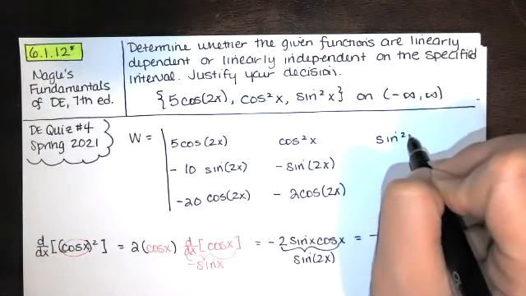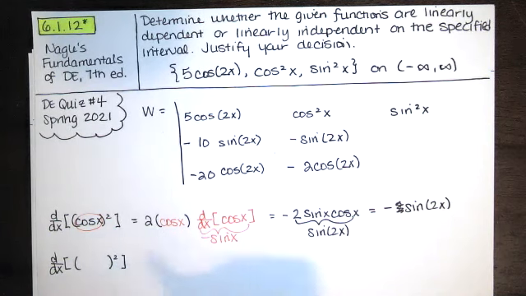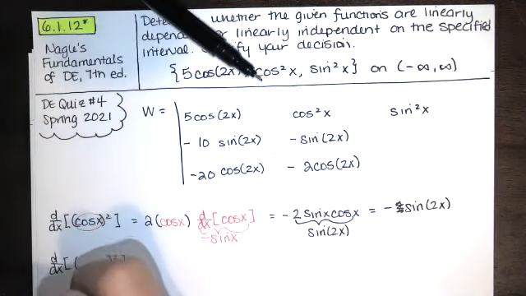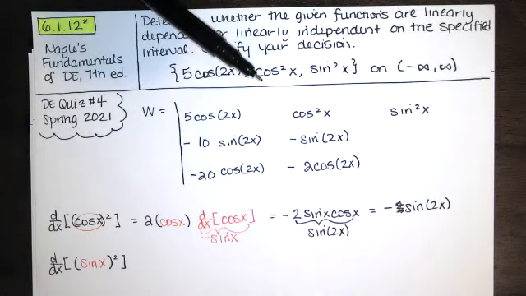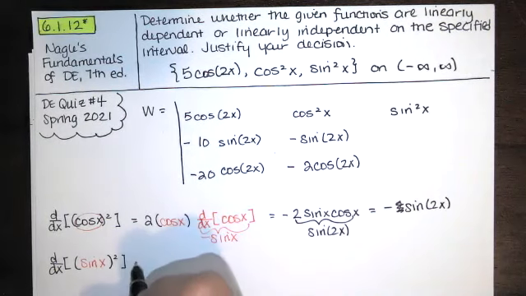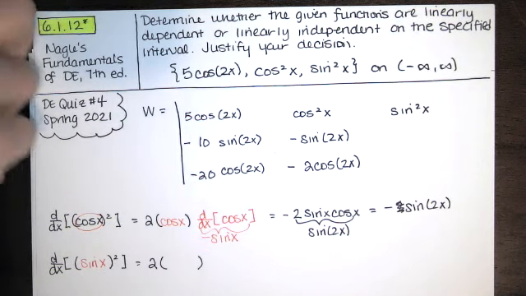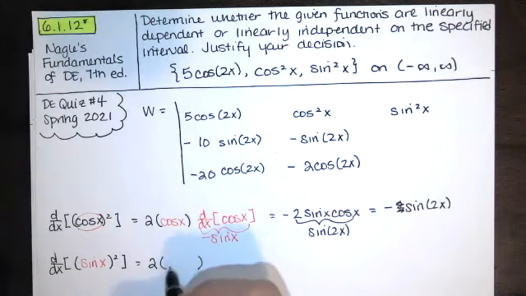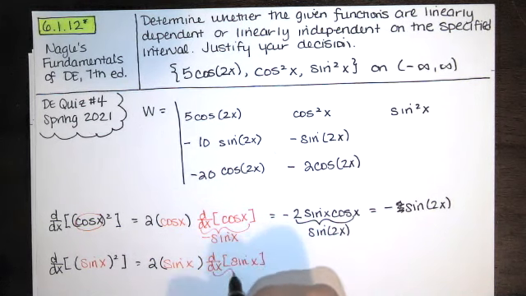Okay, and then we're going to do something similar for sine squared x. I bet you can tell what's going to happen here. We've got a sine function inside a squaring function. That's what sine squared x means. It really means sine of x, squared. The derivative of sine of x squared is the derivative of the outside, so that's 2 times the original function times the derivative of the inside, and the derivative of sine of x is just cosine of x.